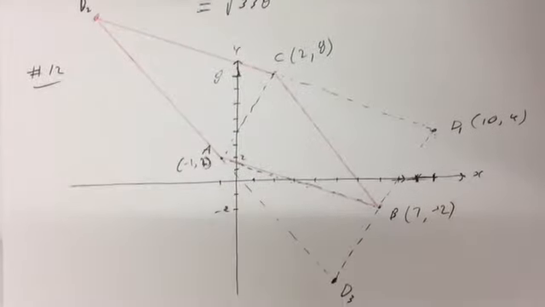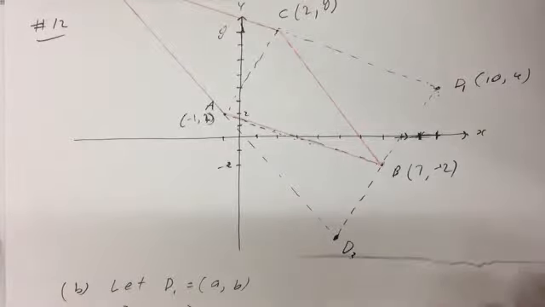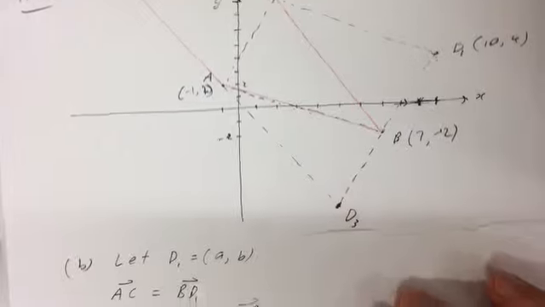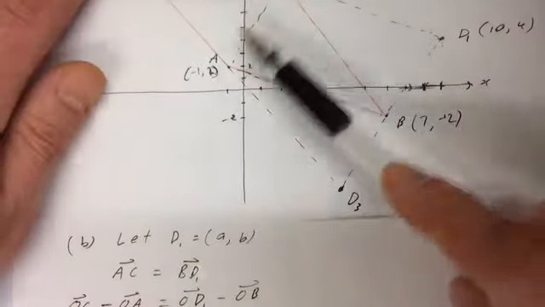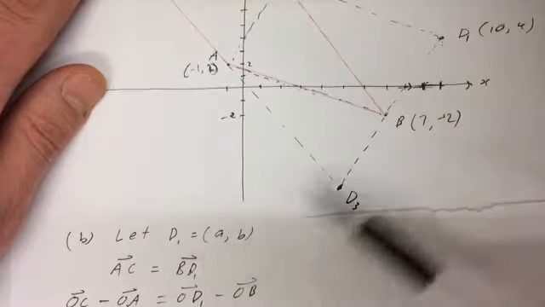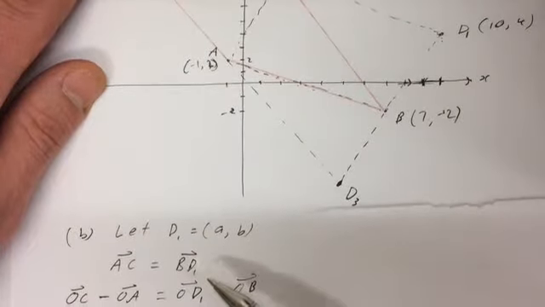So we're going to let D1 equal some point. Then, as I said earlier, vector AC, from A to C, is equal to BD1. We know those two vectors are equal.